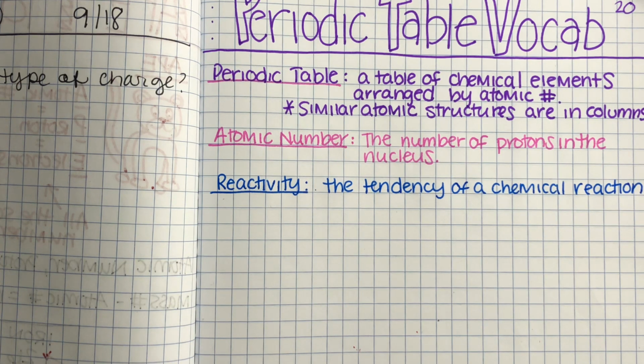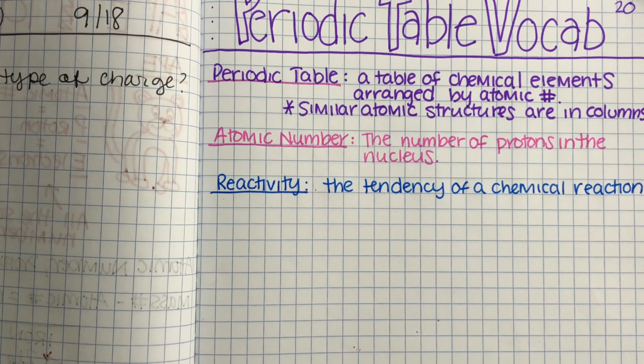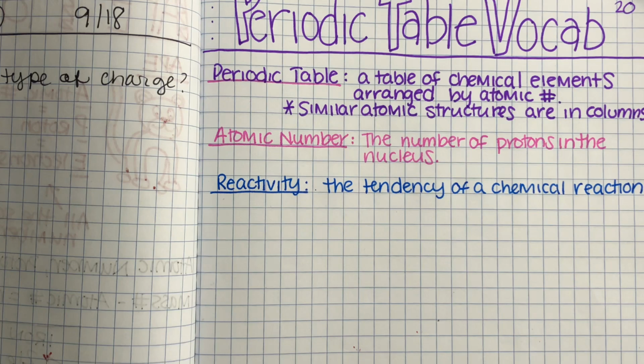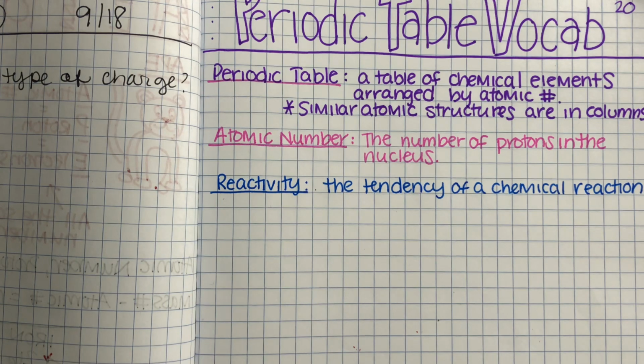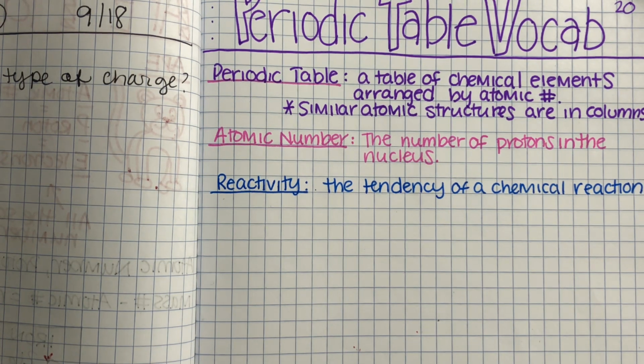So for example, if I have a sheet of paper and I light it on fire, then at that point it's ashes, it's not regular paper anymore. You can think of it as baking something. It changes the chemical composition of it. You can think of it as a chair outside rusting if it gets rained on. So all of those would be examples of chemical reactions. And the reactivity just measures how that is.